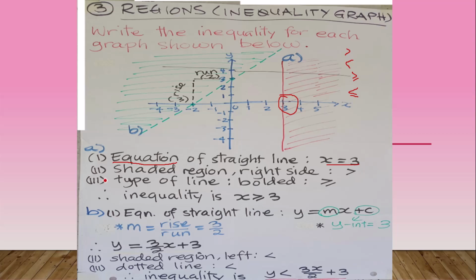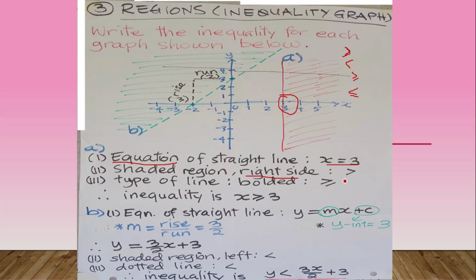Step 2. Now we look at the region in order to decide which one of these 4 signs will be in our inequality. So 2 things to look at. First, the region. Which side is the region shaded? Okay, as you can see, it is on the right side of the line, and so right side means greater than.